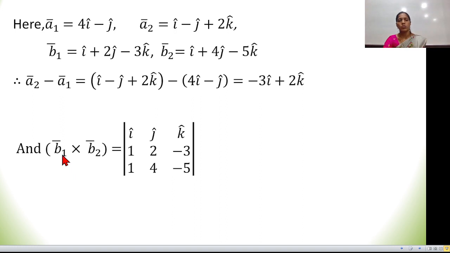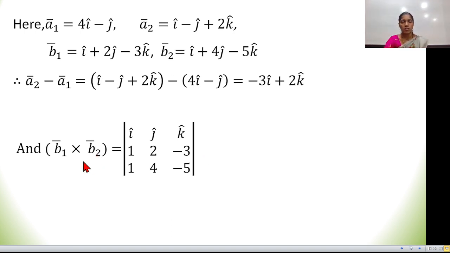Now to find out b1 bar cross b2 bar, this cross product we have to find out with the help of a determinant. So in the determinant, the first row is always i cap, j cap, k cap. In our second row we write the direction ratios of vector b1 bar, it means the coefficients of i, j, k of vector b1 bar, which are 1, 2, minus 3.